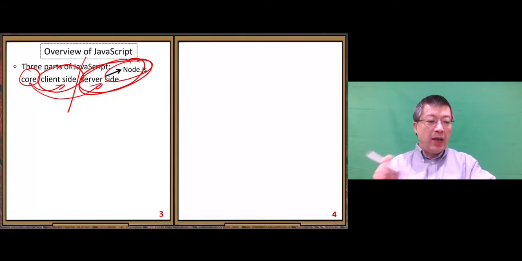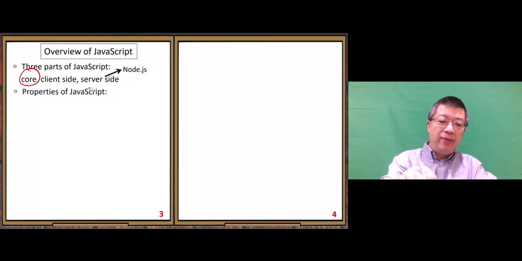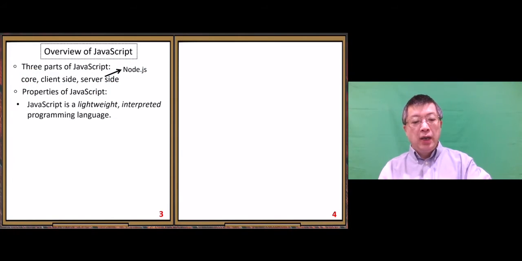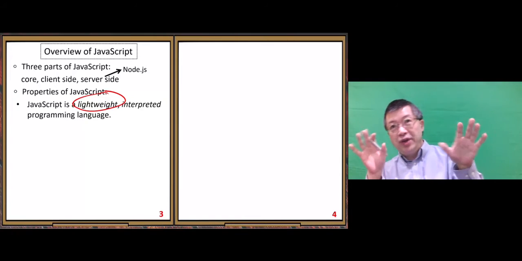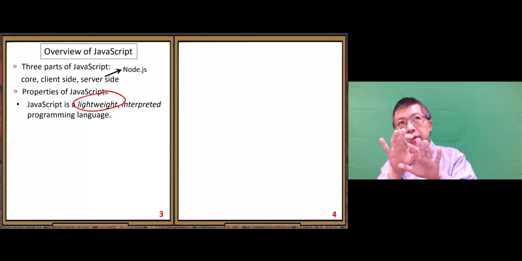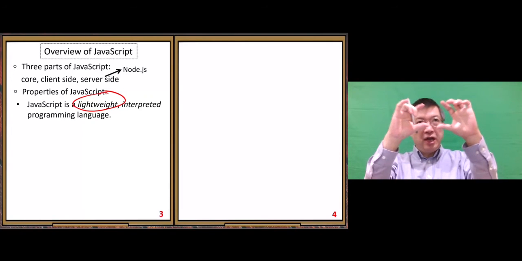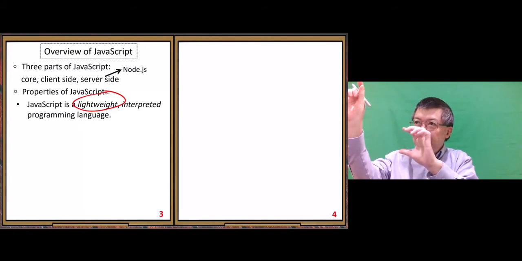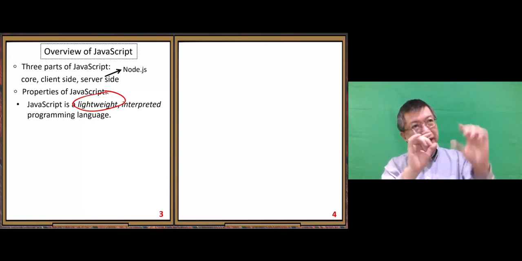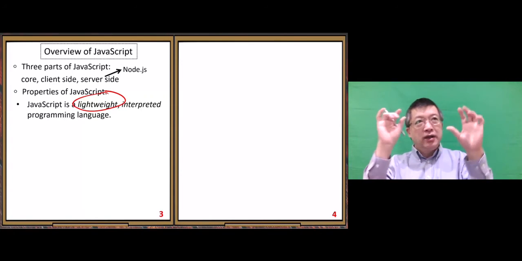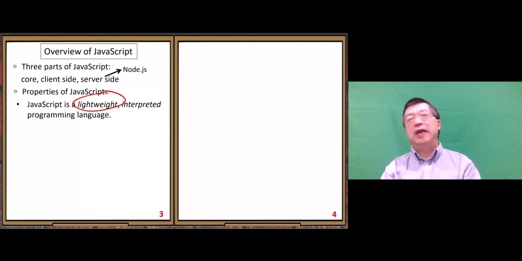Now let's look at other properties of JavaScript. First, JavaScript is lightweight, not heavyweight. That means usually when you write JavaScript code, people expect to write a small code segment for one particular feature, then another small code segment for another feature.